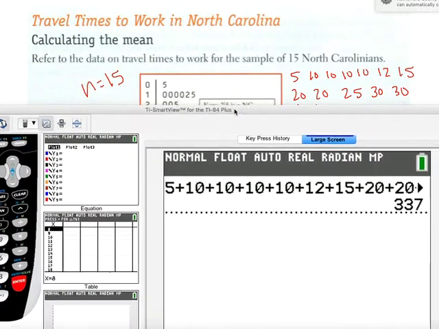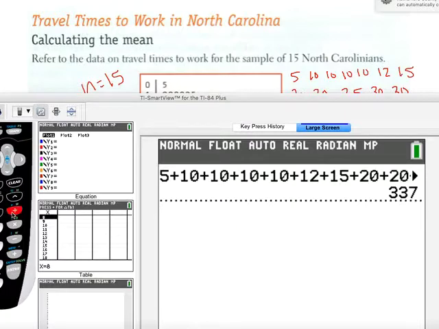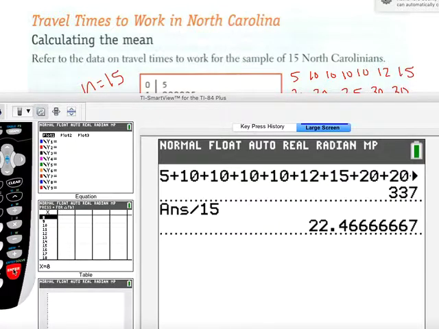Altogether that gives us 337, but we need to divide that by the number of observations we had, which was 15, and we find that our mean travel time to work is approximately 22 and a half minutes.